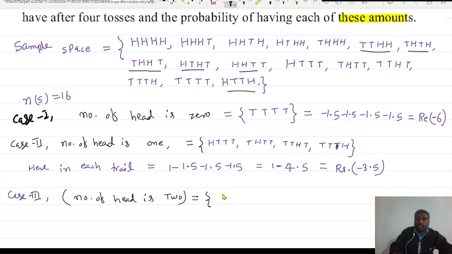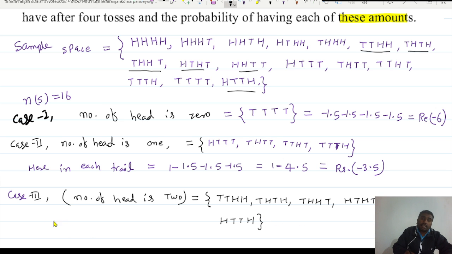If you want to write, you can write TTHH, THTH, THHT, HTHT, HTTH, HHTT. So this is the total cases we have. How many? 1, 2, 3, 4, 5, 6.